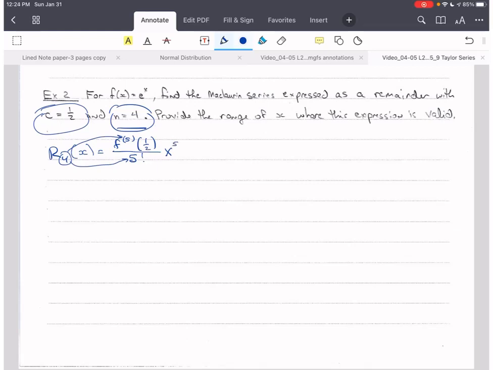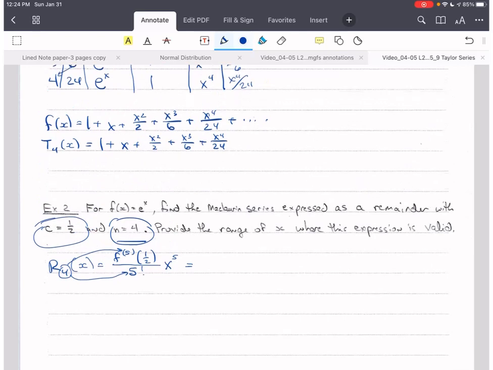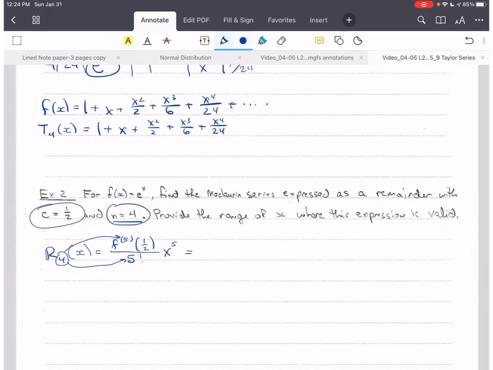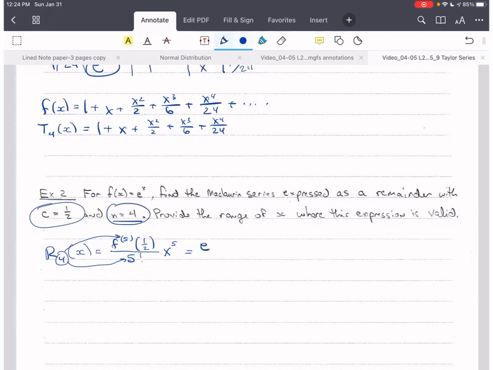Okay? And so we need the 5th derivative, and the 5th derivative is very easy to get. It's going to be e to the x. Here it's going to be e to the x at x equals 1/2, so e to the 1/2.